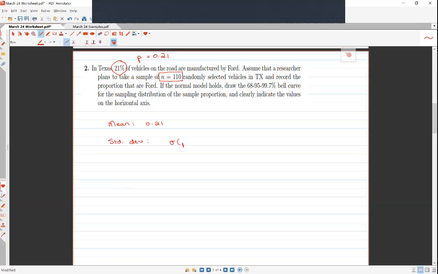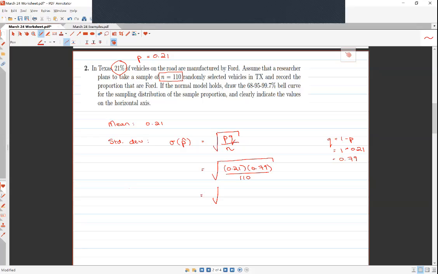Again, that's that sigma of P hat, which is the square root of P times Q over N. And again, Q is 1 minus P, so 1 minus 0.21 gives us 0.79. So in this calculation, I have to take 0.21, multiply it by 0.79, divide by 110, and then take the square root of all of that.